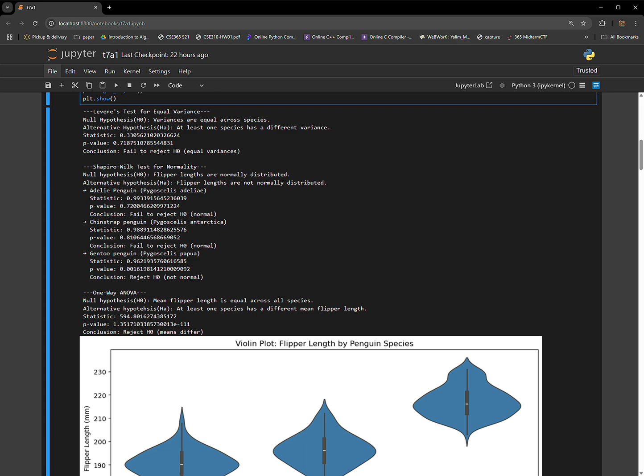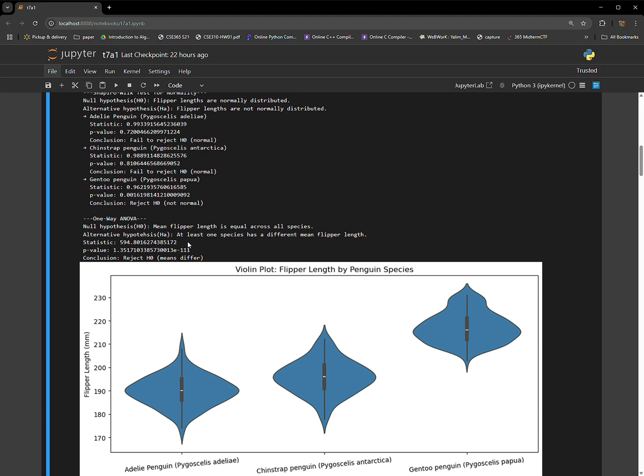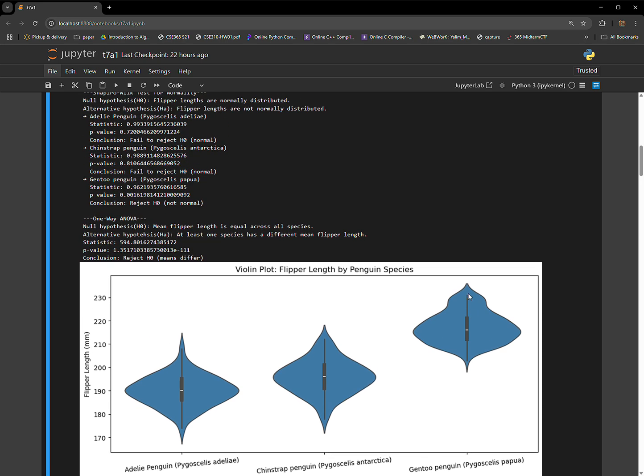However, for the Gentoo, we found a p-value much less than 0.05, our significance value, and therefore we reject the null hypothesis of normal distribution. We can see this in the violin plot. You should have these violins be symmetrical. However, for the Gentoo penguin, which was found not to be normal, you can see there is an additional little bump here, giving it some skew.